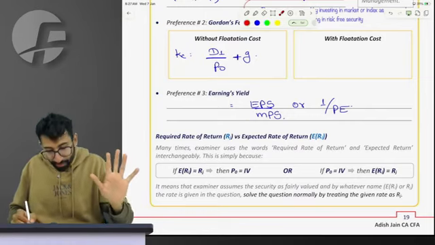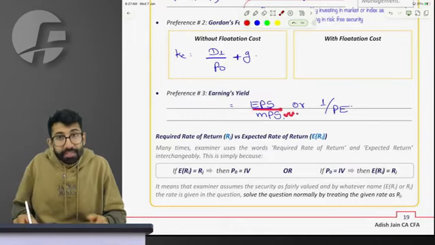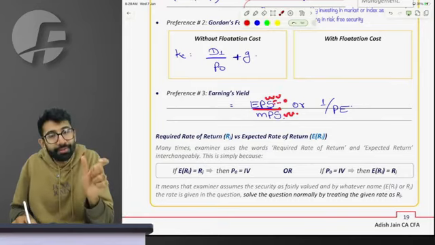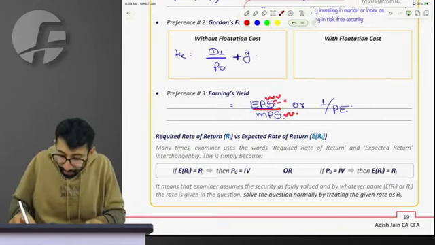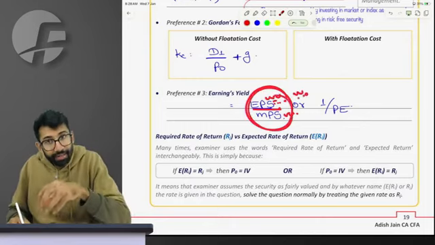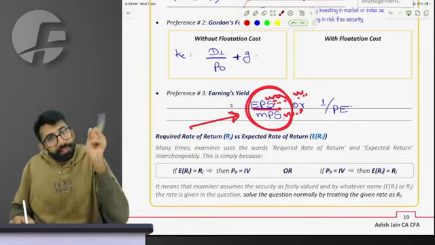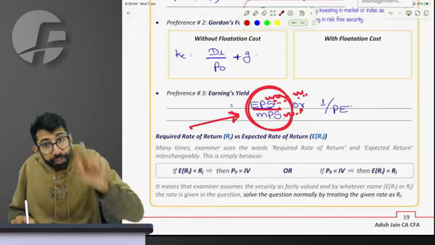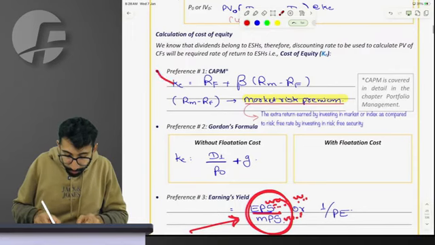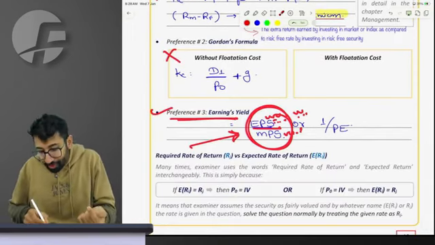So as an equity shareholder, if the MPS is this, and by investing this MPS they are capable of earning this much as return in the form of EPS, then they are making a total return on the amount invested at this percentage. That is the return they are making, which automatically becomes a cost to the company, which is why in the absence of this particular information, this is what is used as cost of equity for the company.